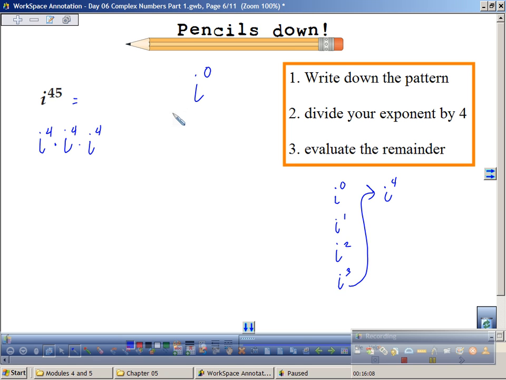Does that make sense to you guys? If I said i to the 6th, how many 4s are there in 6? 1, with how many left over? That make sense? No? Okay.